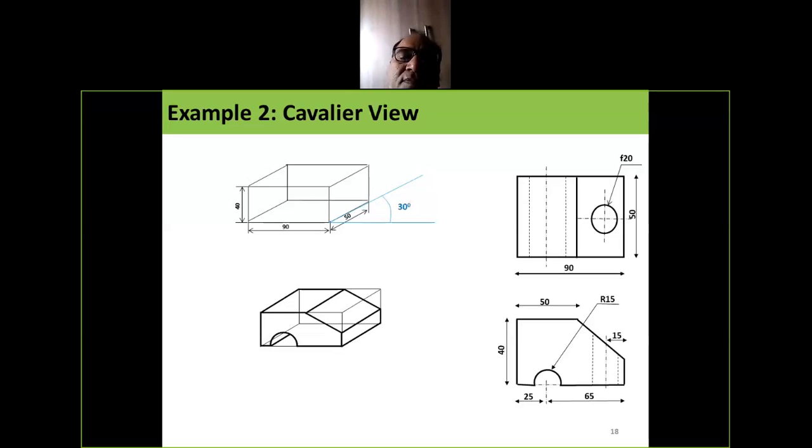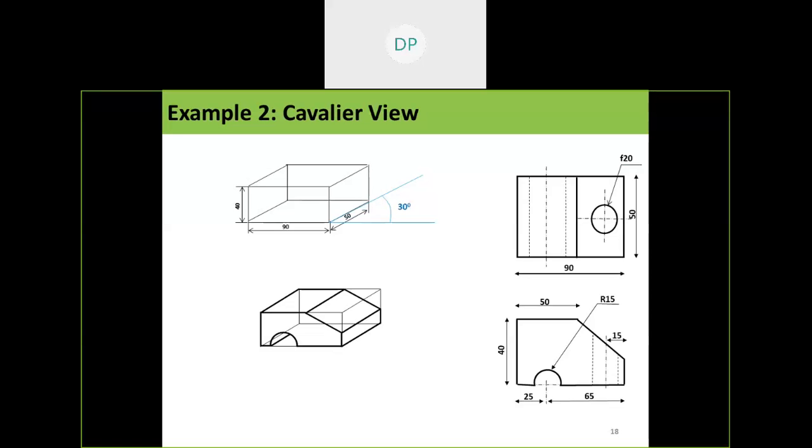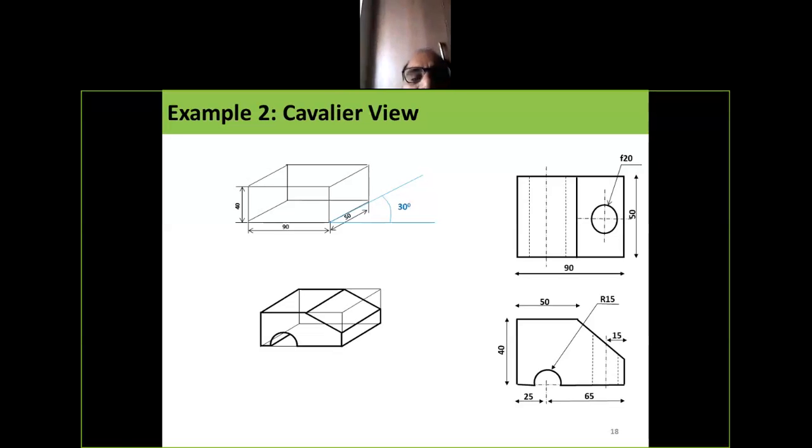Now you have already understood the different types of views. Let's come to the cavalier view. Also, you have seen the isometric and axonometric views, in which we have shown dimetric, trimetric, and isometric.